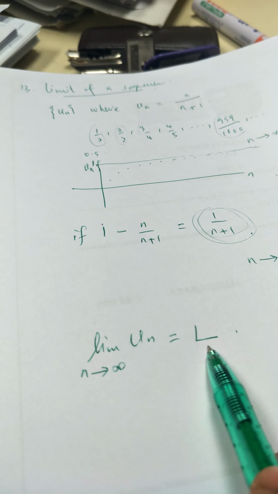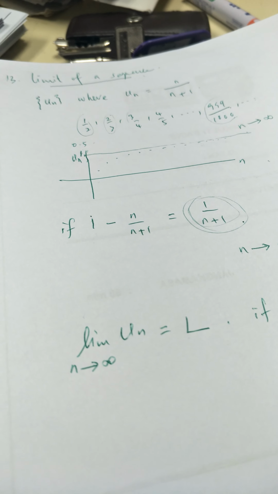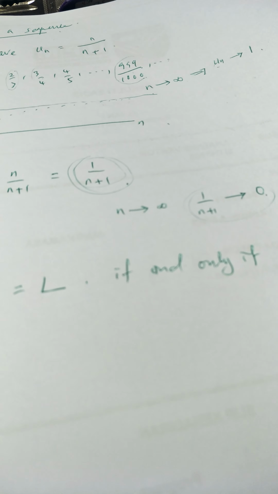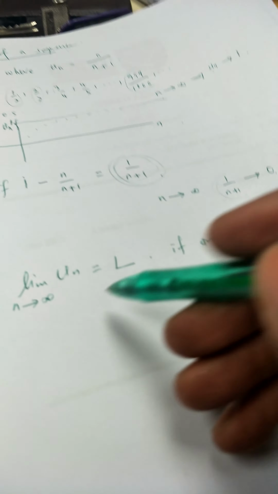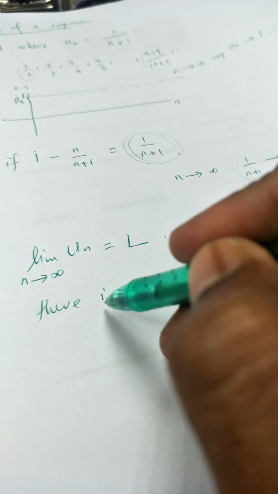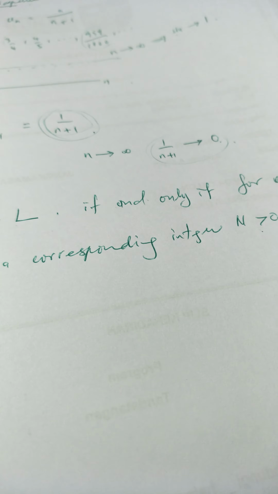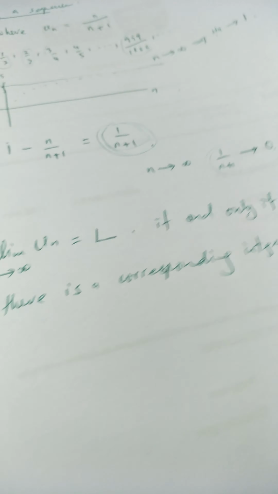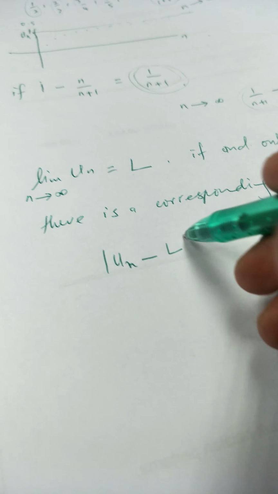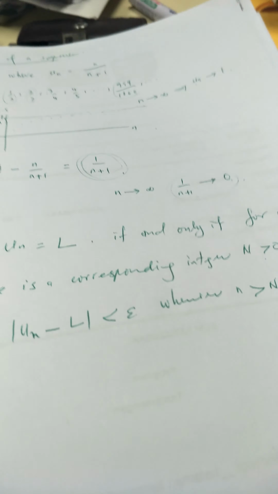We say the limit of u_n is equal to L if and only if for every epsilon positive, there exists a corresponding positive integer N such that |u_n minus L| is less than epsilon whenever n is greater than N. What does this definition mean?